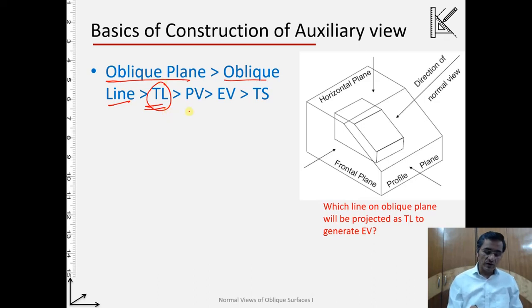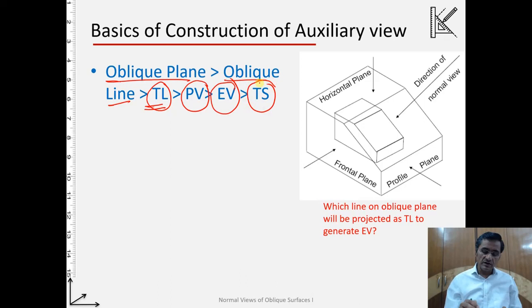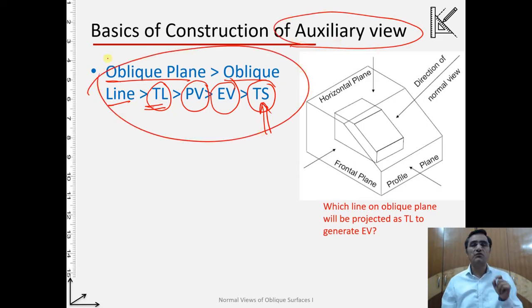Once we have the true length, we can easily generate the point view, because we need to see along that true length in order to generate the point view. And once we generate the point view of the line lying on the plane, it is easy for us to generate the edge view. Once the edge view is generated, we again generate the true shape on an auxiliary plane, and that is what we have to do. So in creating auxiliary views, these are the steps that we will be following.